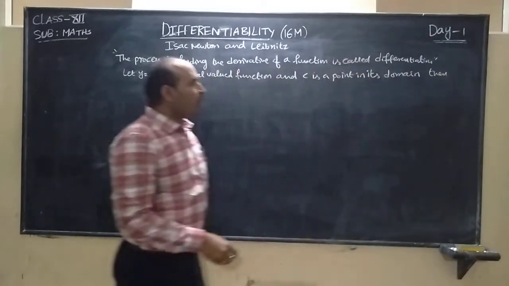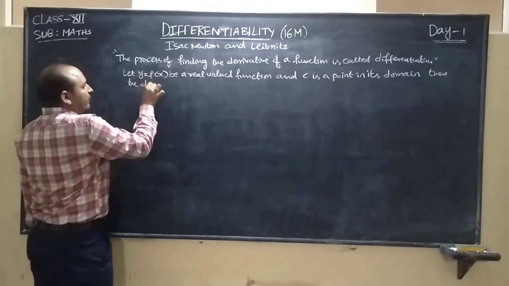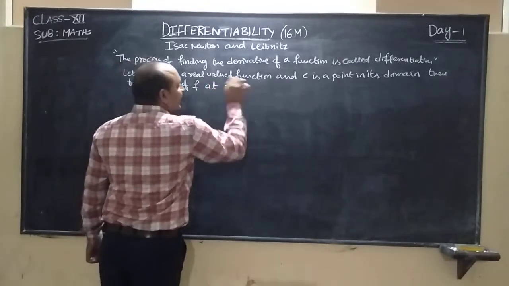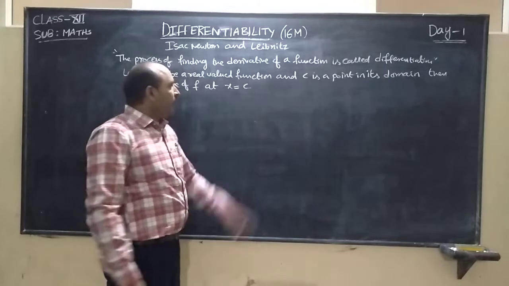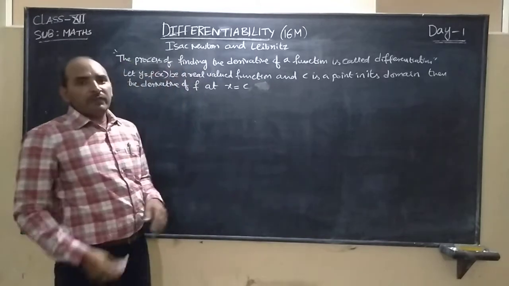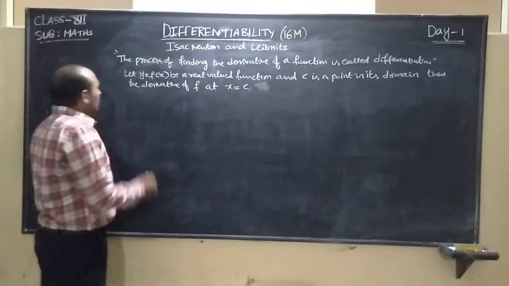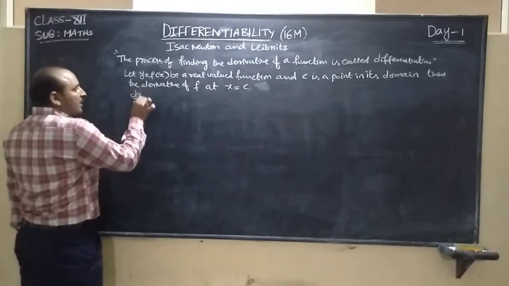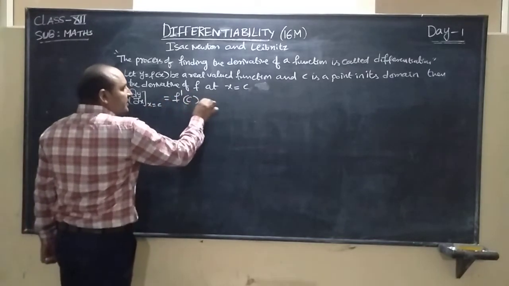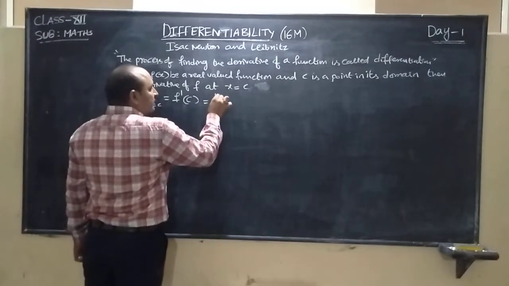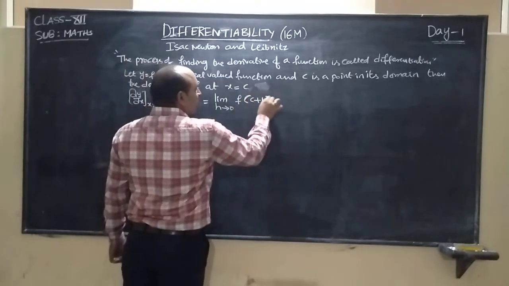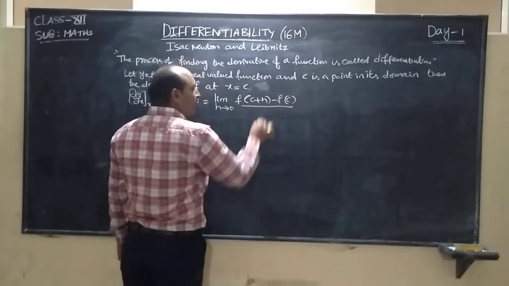Then the derivative of f at x equal to c, or x equal to a, you can take any one, is denoted by dy by dx at x equal to c, or it is denoted f dash of c, which is equal to limit h tends to 0, f of c plus h minus f of c divided by h.